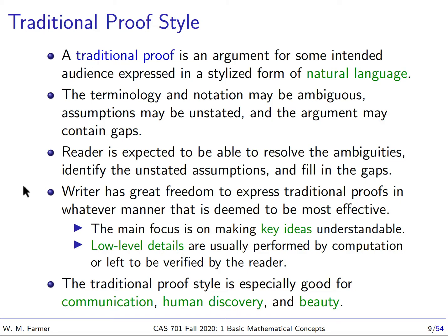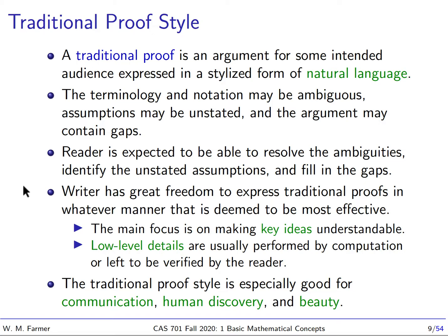And it's important to realize that these traditional proofs are geared for some intended audience. Now that audience could be a group of specialized mathematicians. It could be the students in a math course. It could be mechanical engineers. But it's important traditional proofs are intended for particular audiences. Now, traditional proofs, since they use natural language, they can be ambiguous.